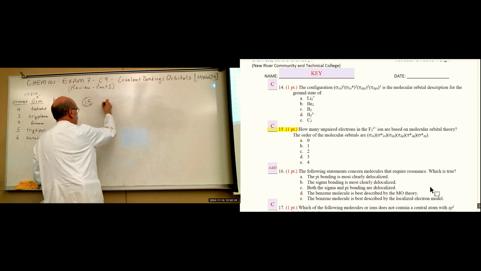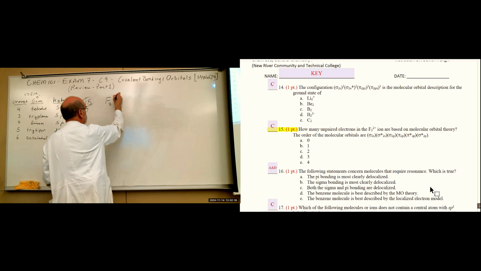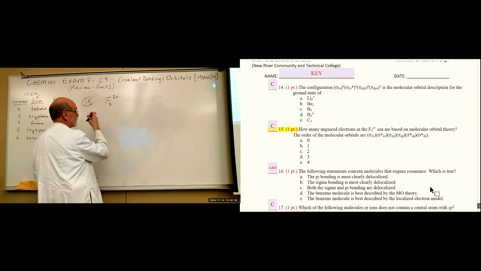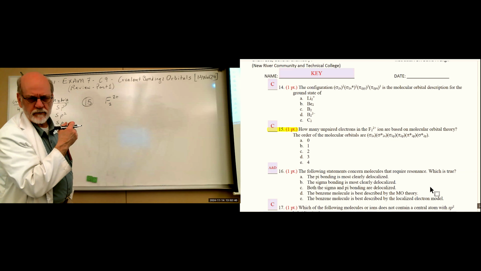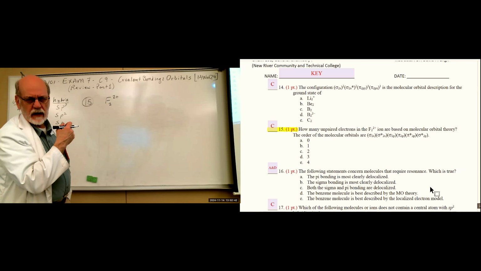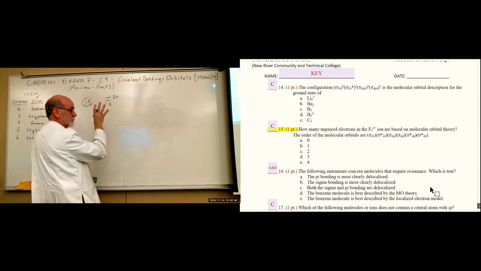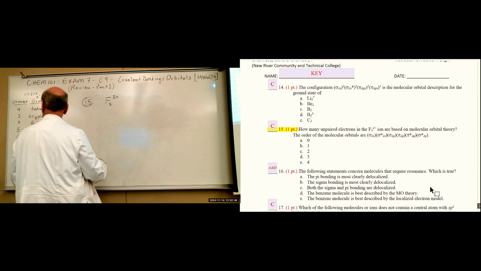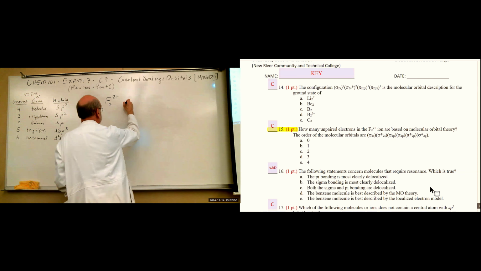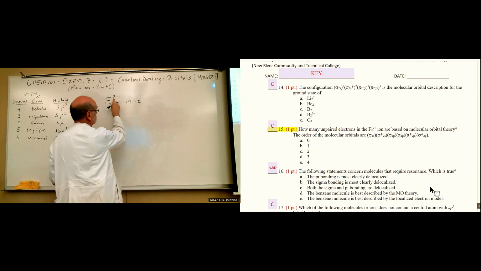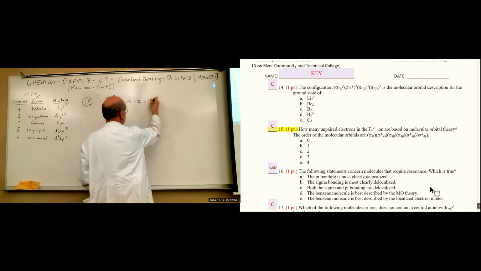So let's say we're working on F2 2+. We're leaving out the core electrons, so we only want valence electrons. That would be 14 minus 2, which is 12 electrons.